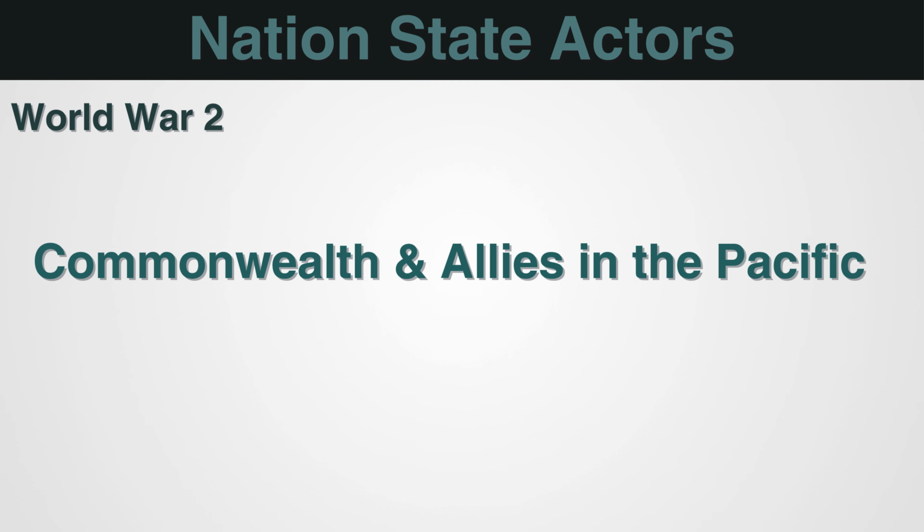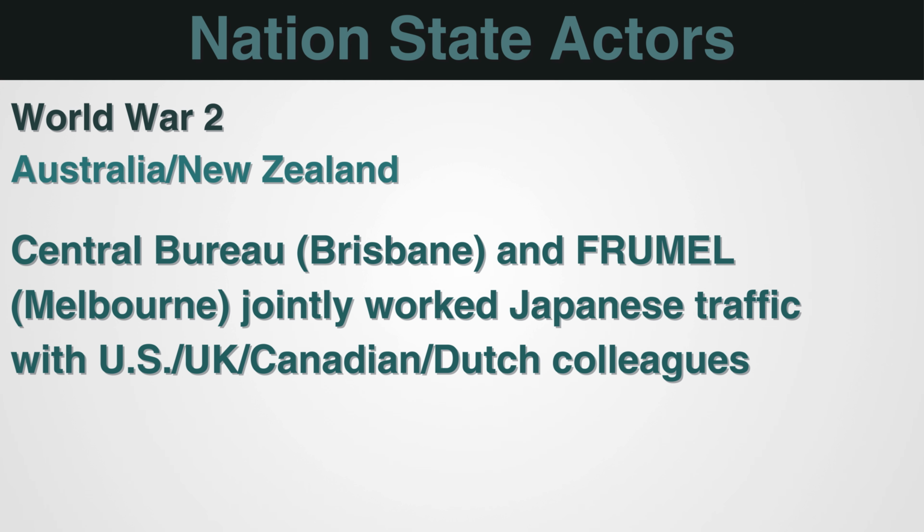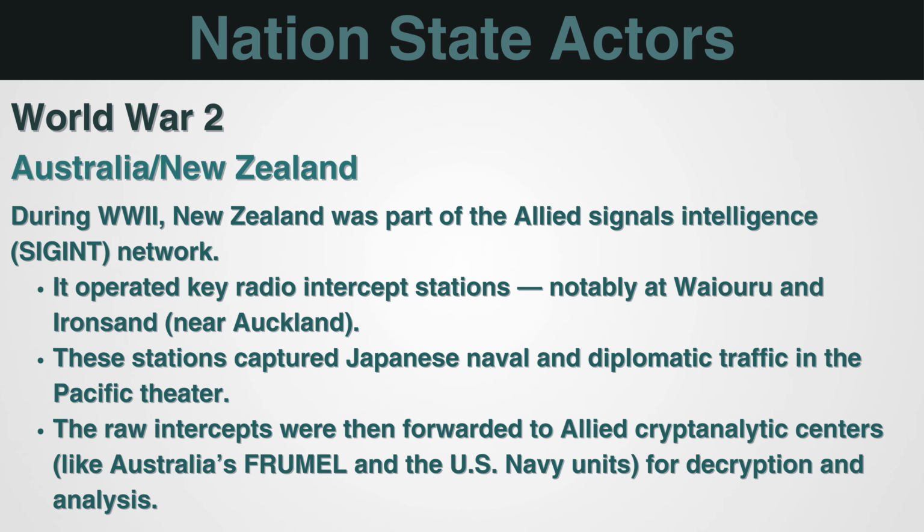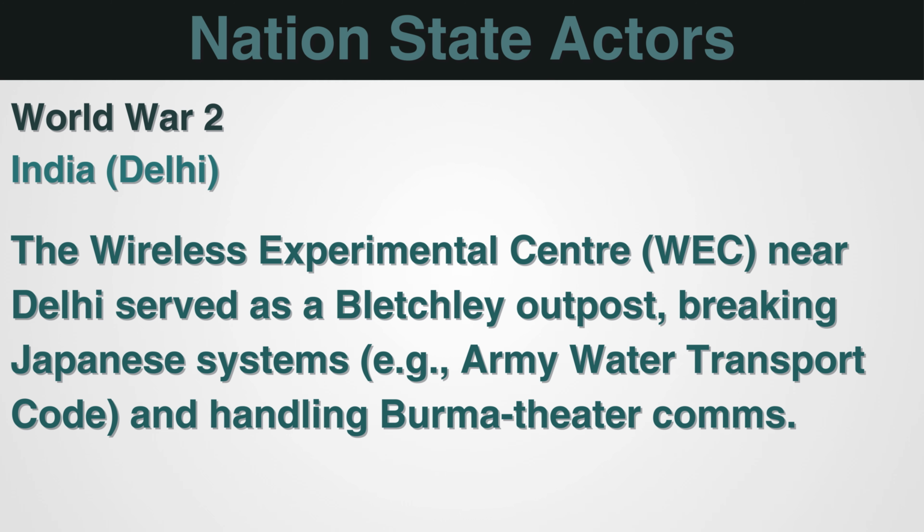We have Commonwealth and allies in the Pacific. Australia and New Zealand, the Central Bureau Brisbane, and FRUMEL Melbourne jointly worked Japanese traffic with the US, UK, Canadian, and Dutch colleagues. NZ ran key intercept stations feeding the theater. You have Delhi in India. The Wireless Experimental Center, WEC, near Delhi served as a Bletchley outpost, breaking Japanese systems like the Army Water Transport Code and handling Burma theater comms.